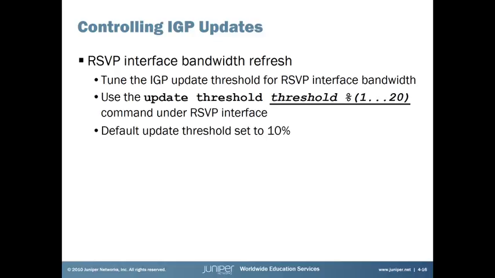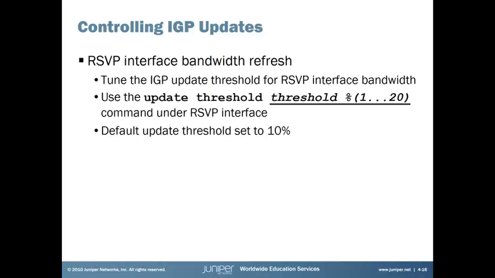So if we are building LSPs and tearing down LSPs and moving them around, the downside is that we're constantly flooding our topology with these updates, and we're basically swamping our topology with all of these updates. So one of the ways around it is to say, well, we're only going to flood these updates when we have a change of 10%.